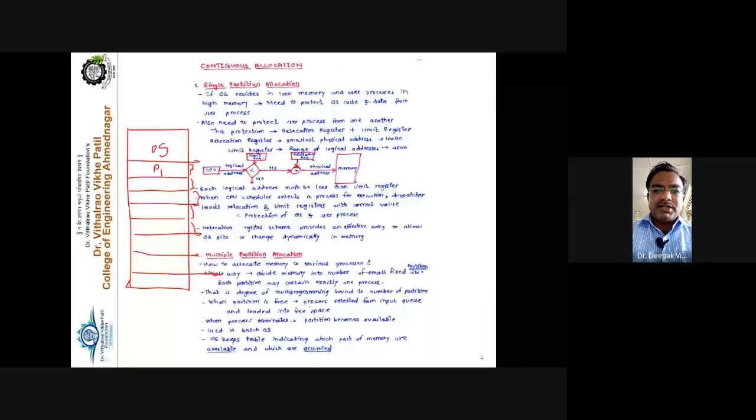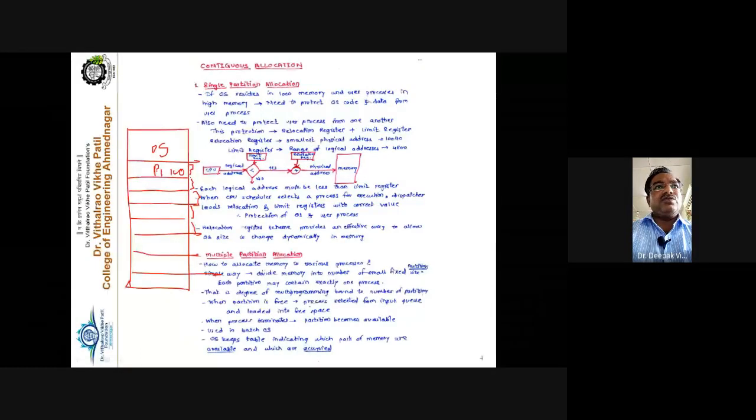The size of the partition depends upon the amount of memory required by that particular process. For example, process P1 requires 100 MB of memory, so this partition becomes 100 MB in size.